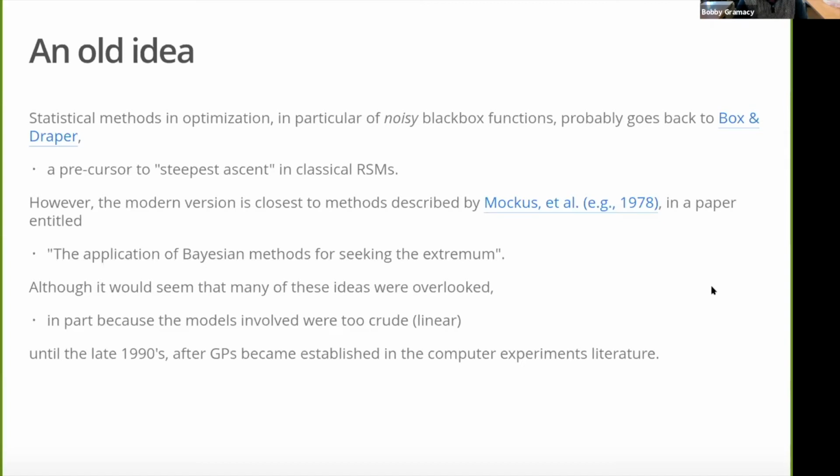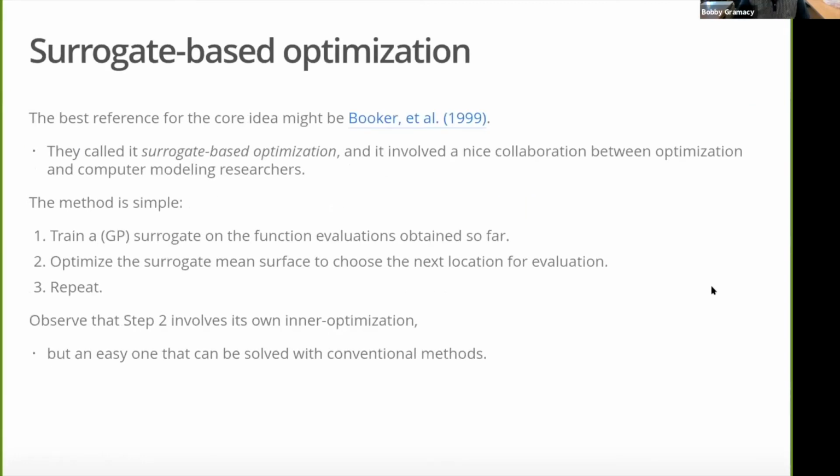These ideas have been revisited in the last 10 or 15 years, and the reason why they're popular now, and they weren't popular in the 70s and 80s, is because the Gaussian process wasn't popular in the 70s and 80s. So we now do these ideas from the 70s with a new model, because that model has so many nice properties, as we saw in the previous segment. The best reference, if you're looking for one, for the core idea of what I'm going to describe now, is this paper from the late 90s.